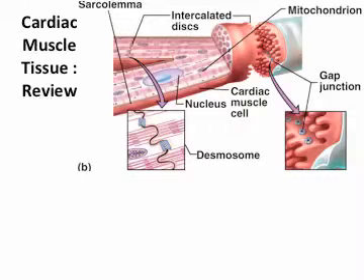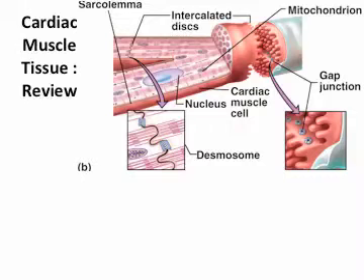This is a cartoon showing two cardiac muscle cells where they come together in this thing called the intercalated disc. You can see in this cartoon there's a sarcolemma. Remember, that's just the plasma membrane of the cardiac muscle cell. There's mitochondria. There's a single nucleus per cell.